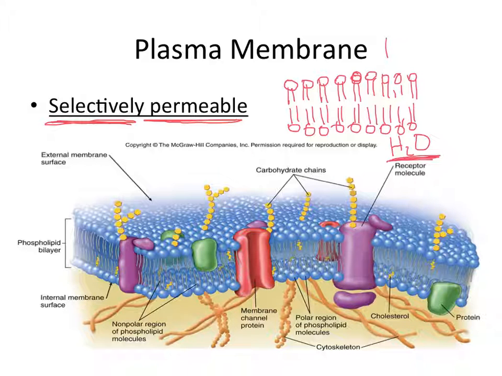Now out here is the outside of the cell. This would be my extracellular matrix out here. And water can also come right up to the edge where these polar heads are. Again, because the heads are polar and water is also polar. So water can come right up to the edge on the outside and right up to the edge on the inside. But water cannot cross.